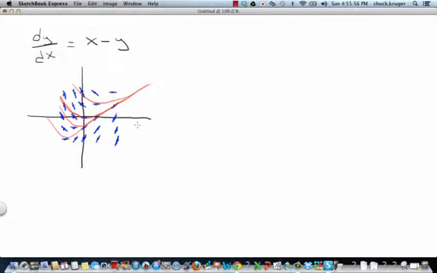So that's what it kind of looks like from that side. And here it looks like I'm coming this way, and then I'm headed this way. So I'm kind of guessing that's kind of what my graphs look like.